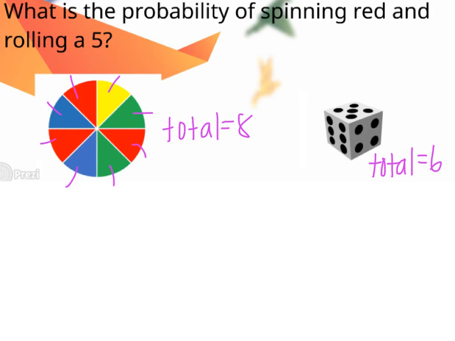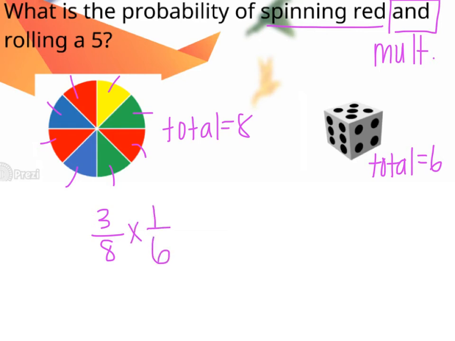They want to know the probability of spinning a red and rolling a 5. If we look, there are 3 red sections out of a total of 8. Here's this big word "and," and we know this word means to multiply. The probability of rolling a 5 is 1 out of 6.